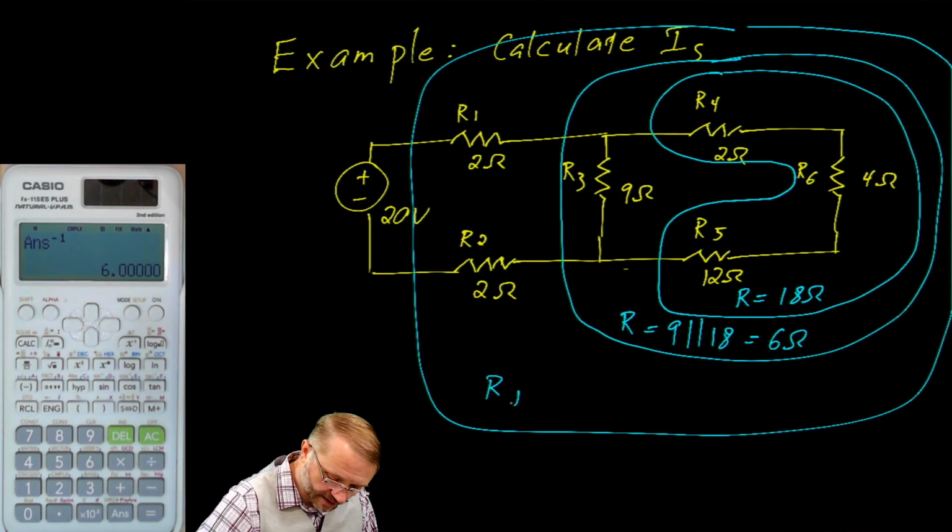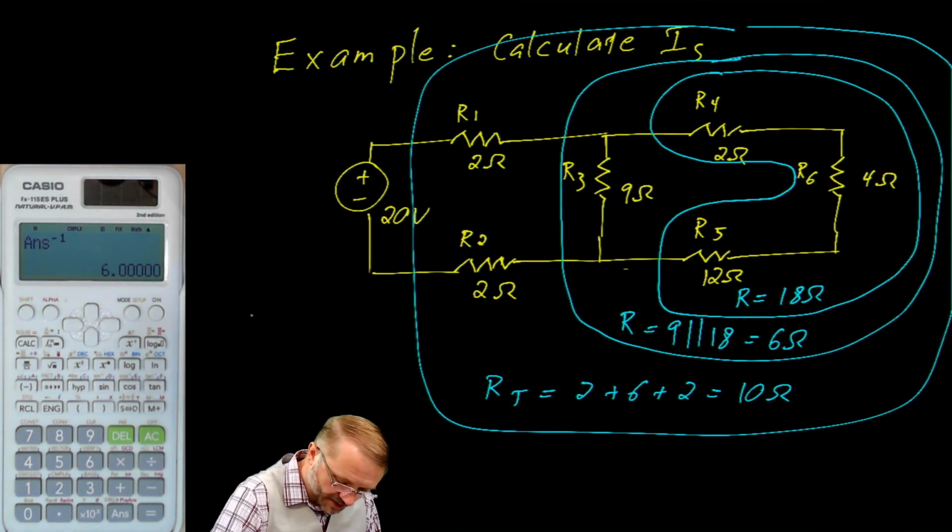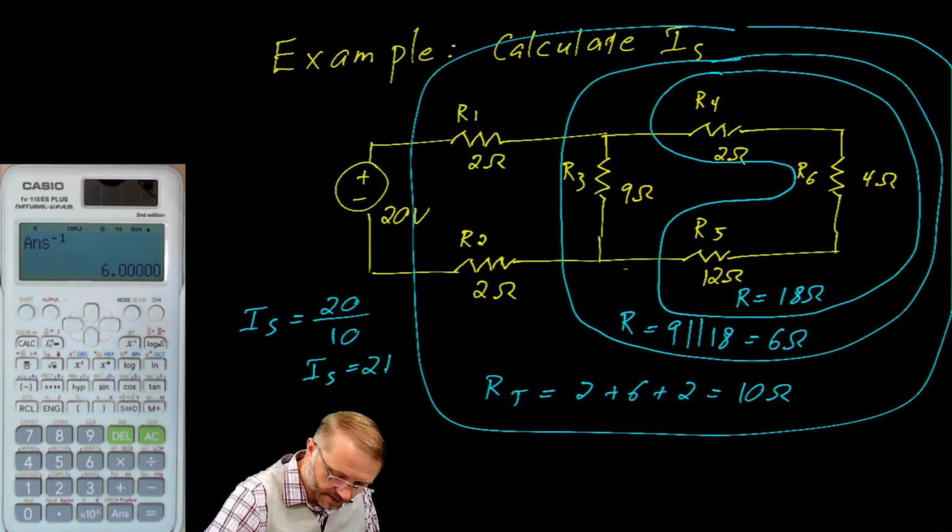Actually, let's do this. We'll call it 2 plus 6 plus 2, which gives us 10 ohms. Therefore, the source current is equal to a voltage divided by a resistance. So the source current is equal to 2 amps.